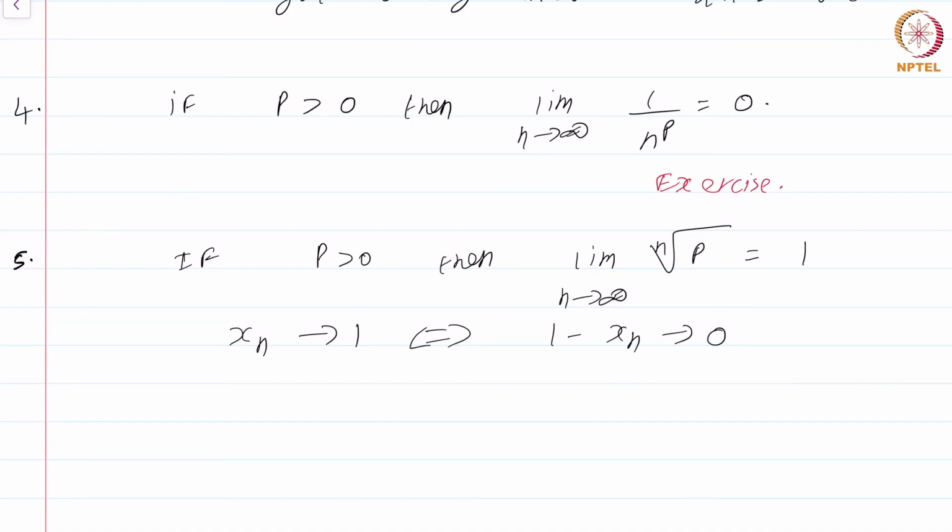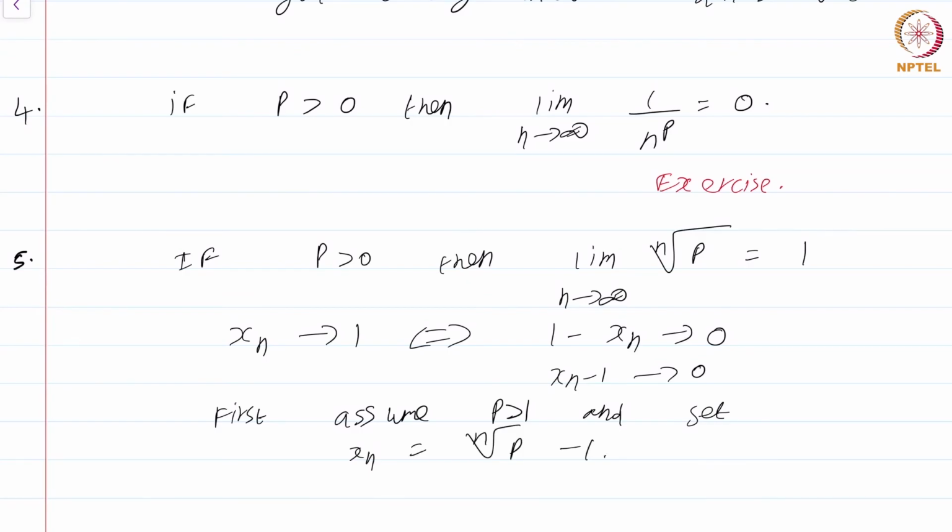Of course, I can also say xn minus 1 converges to 0. Instead of showing xn converges to 1, you can show that xn minus 1 converges to 0. So what I'm going to do is, first assume p is greater than 1 and set xn to be the nth root of p minus 1.